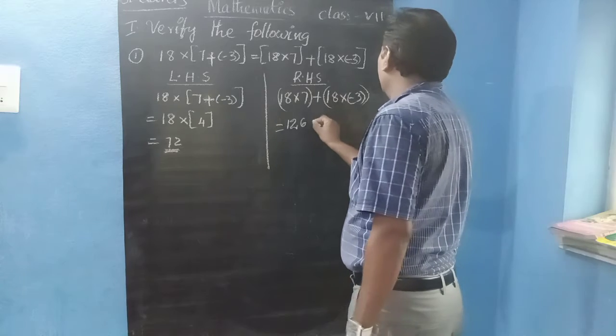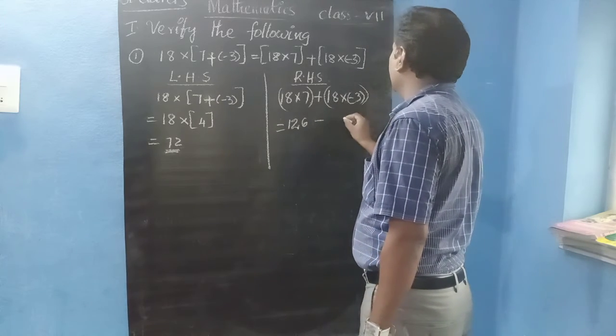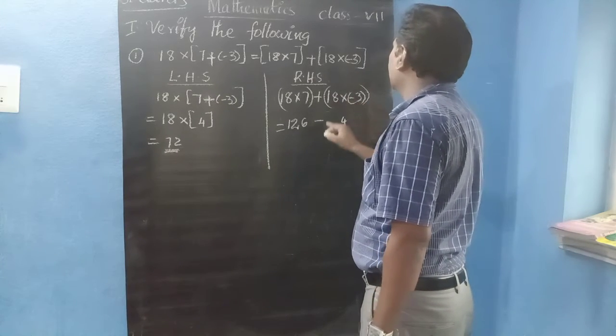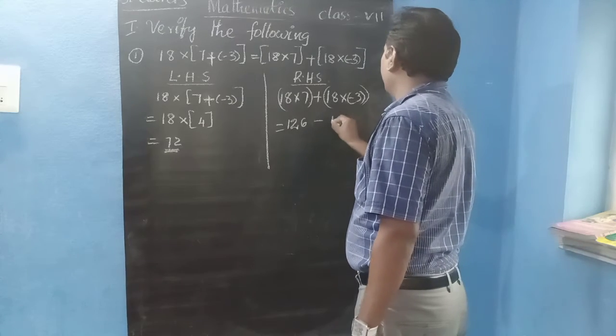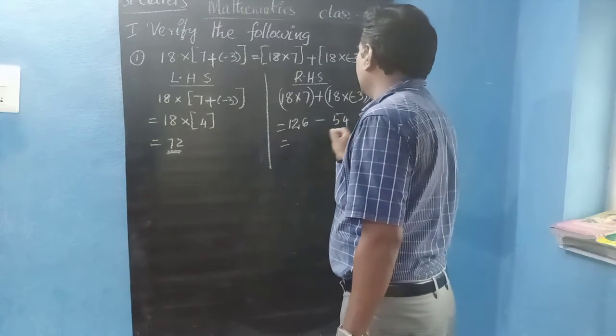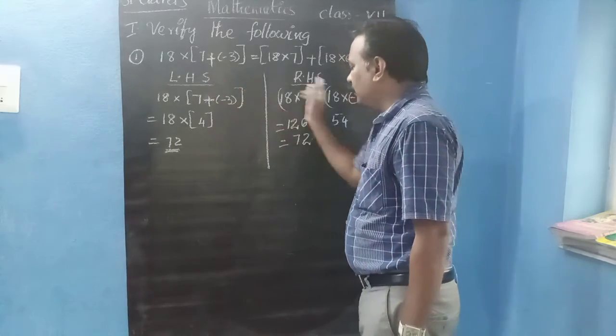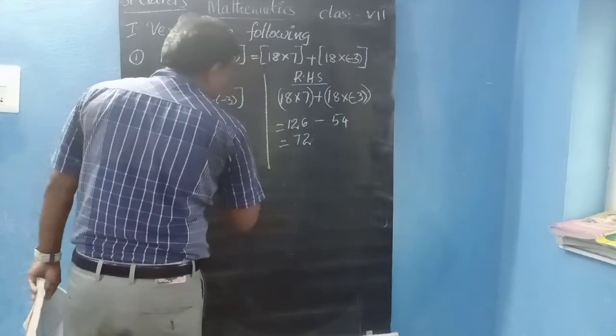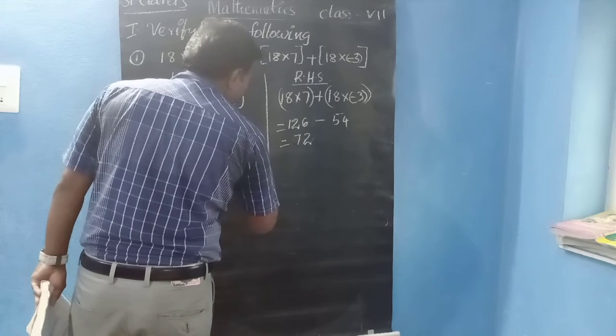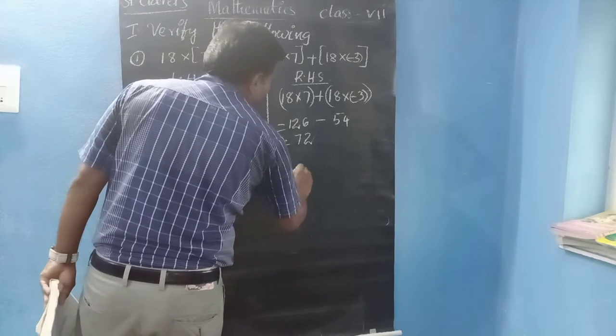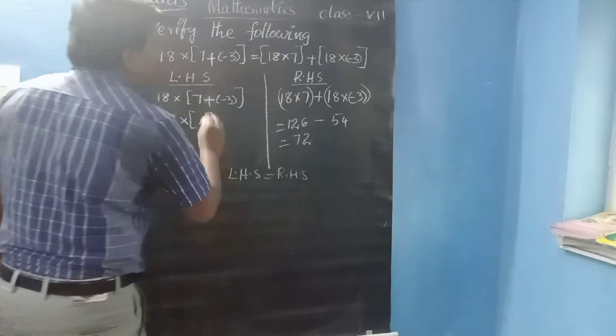Plus into minus, minus. 8 3's are 24, 3 1's are 3, 3 plus 2, 54. So 126 minus 54, 72. So LHS equals RHS. Therefore the given statement is true.